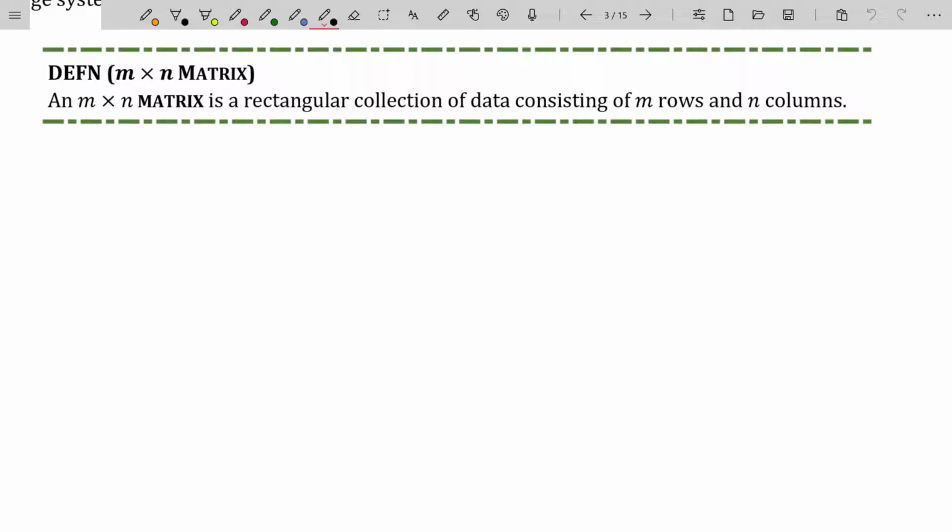We'll start with this idea of a matrix. If you have not dealt with matrices before, matrices being the plural of the word matrix, then you're in for a pleasant journey through matrices. Right now, we're just going to do a very beginning introductory journey. They're very easy. It's just a rectangular collection of data consisting of m rows and n columns.